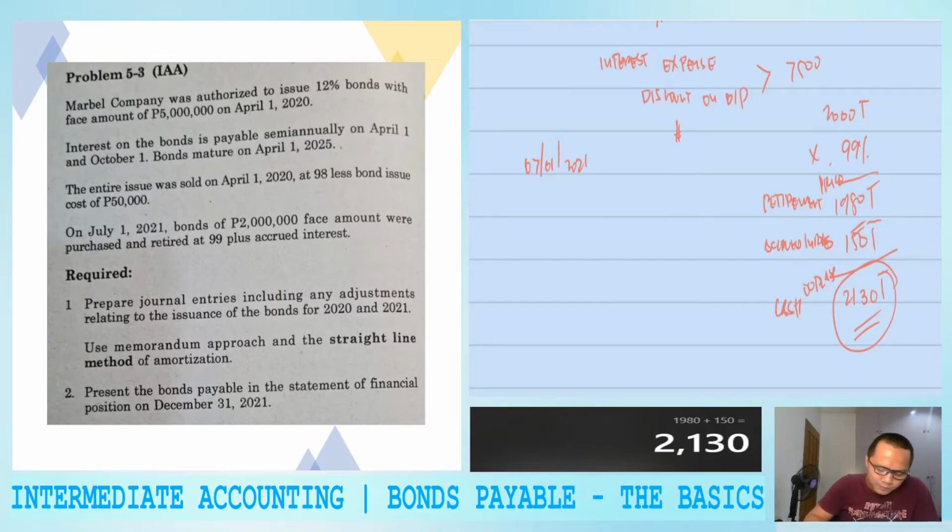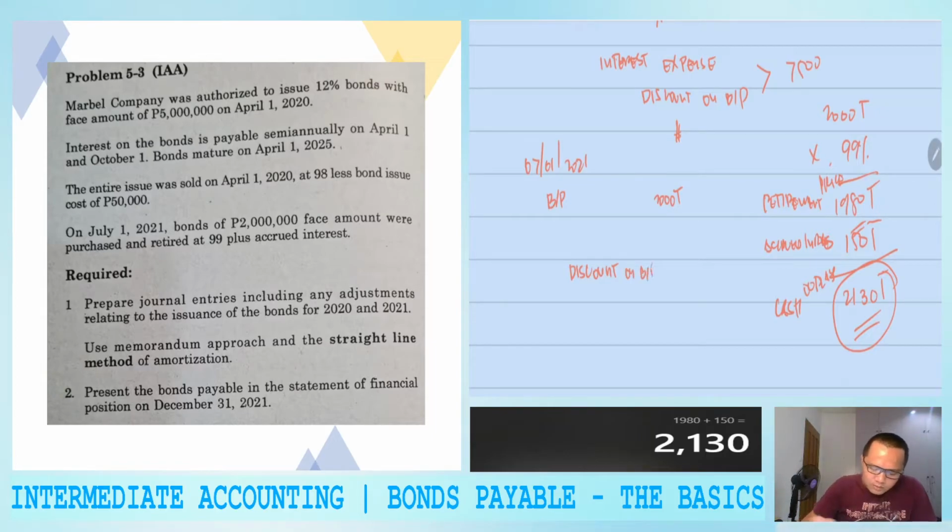So how are we going to recognize this as an entry? Number one, we have to debit bonds payable because yun nga, we have retired at 2 million. And then, we have to credit discount because tatanggalin na natin yung discount if there are any because we are to retire the particular bonds pertaining to that discount.